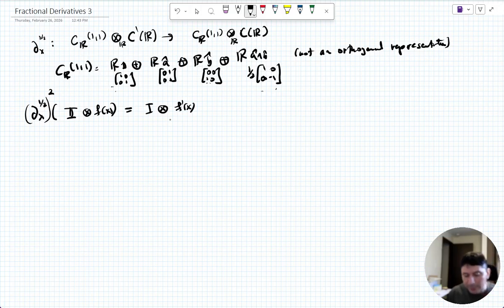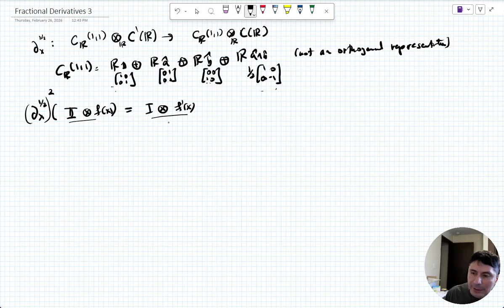So in other words, the square of the fractional derivative leaves this space of functions invariant. If you extend a function by scalar to the Clifford algebra, you're really doing the identity tensor of that function. So it leaves it intact, right?